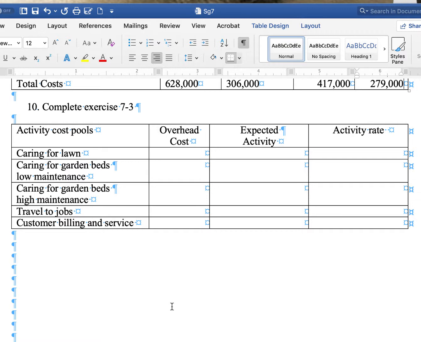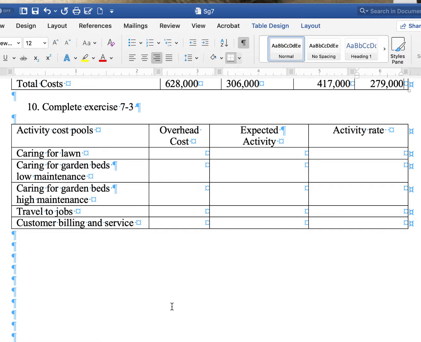Caring for lawn. Well, the activity measure is going to be square feet of the lawn. That makes sense. Caring for gardening beds, low maintenance: square feet of low maintenance beds. Caring for gardening beds, high maintenance: square feet of high maintenance beds. The activity cost pool of travel to jobs. Well, the activity measure is going to be miles. Customer billing and service.